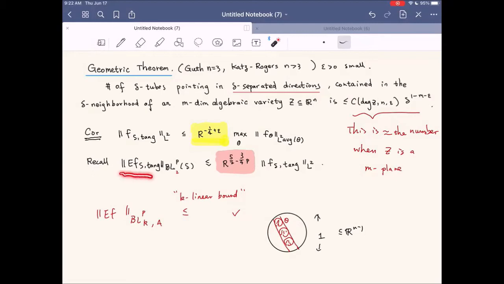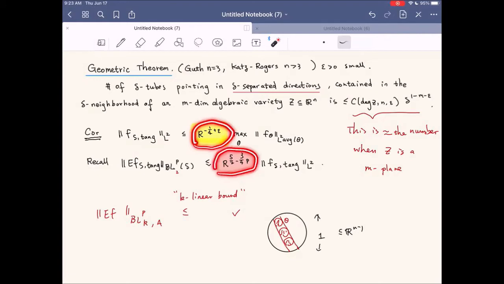So let's continue. Here is this restriction estimate, passing from the BLP norm to the L2 norm, and then if we pass from the L2 norm to the approximation of an L infinity norm here, then we have some gain.